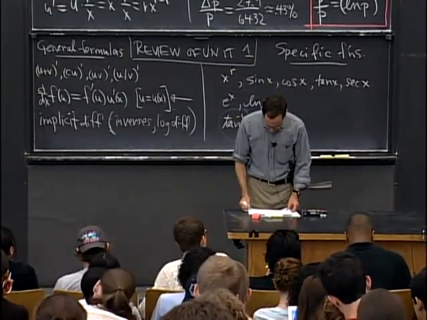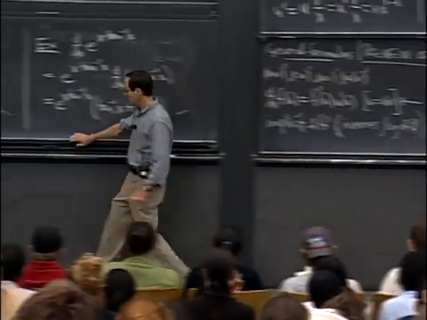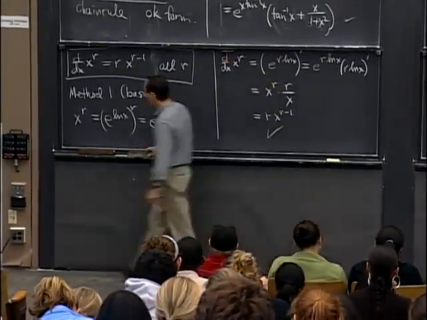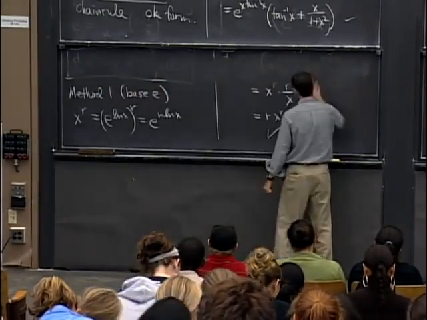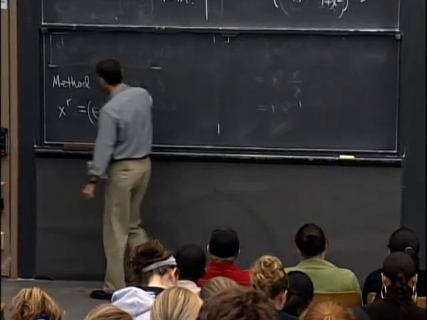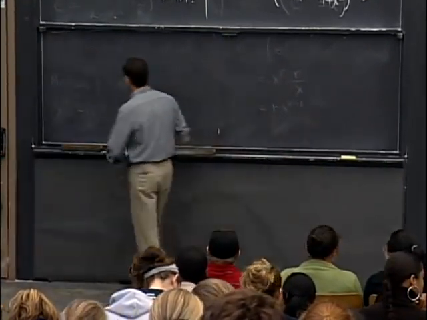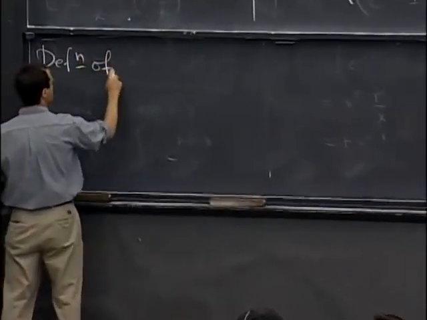Okay. So now, what other things did we talk about in Unit 1? So the main other thing that we talked about was the definition of the derivative.